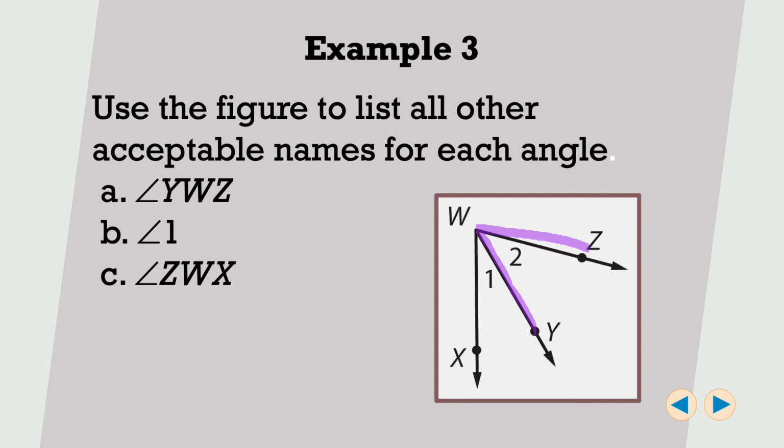One of the easier ways is to go backwards. I can say it's ZWY. I could also call it angle 2. And I think that's it. We can't call it angle W because that vertex is the vertex of 2 other angles. So we can't do that.